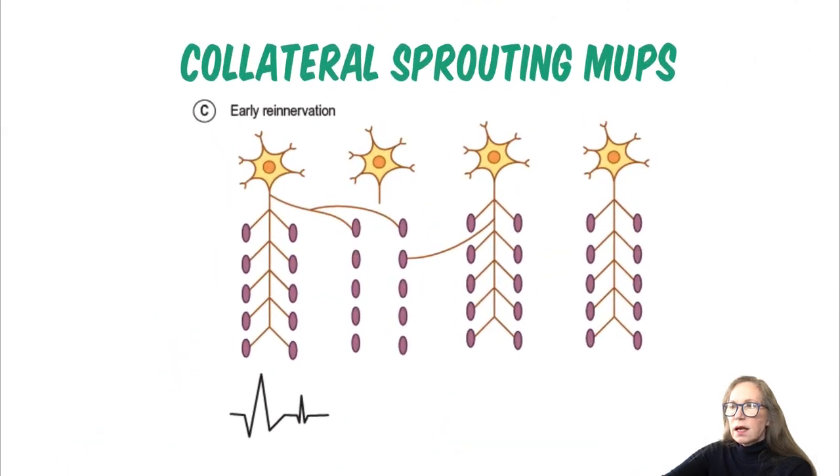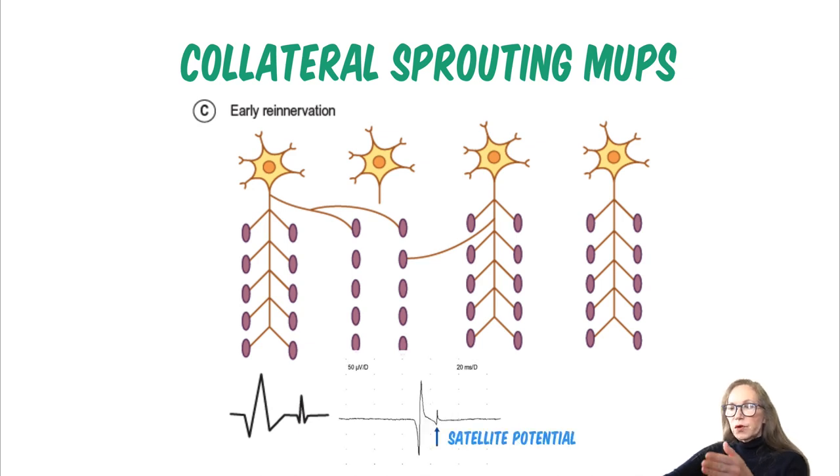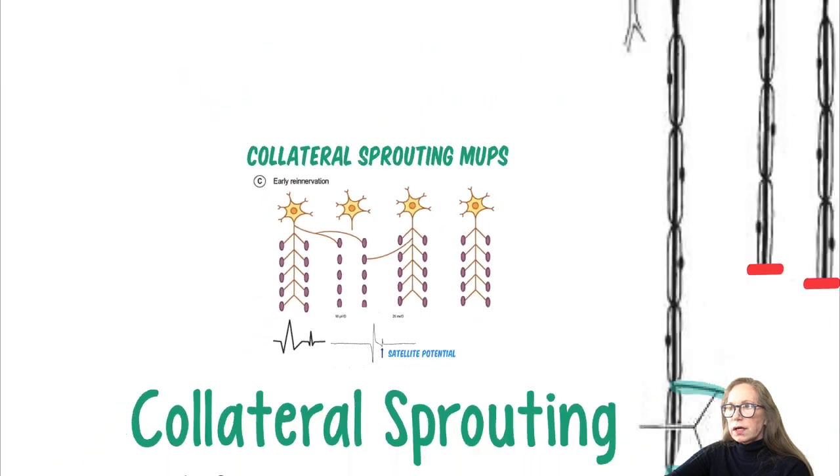So you can see that a poor axon, one over from the left, has been injured, and there's enough adjacent normal axons, they can start to send out these little satellites and reinnervate the denervated motor end plates. So you'll see the motor unit potential normal there from the normal uninjured, and then you'll see this little blip of the satellite potential where you're getting this collateral sprouting early on.